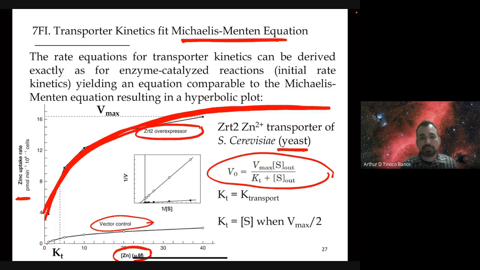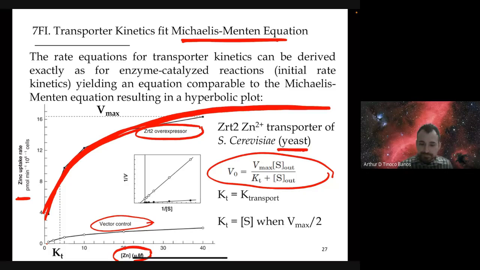So the saturation implies that you have maximized the amount that you can actually reach. The rate equations for transporter kinetics can be derived exactly as for enzyme catalyzed reactions. You typically will use what is known as initial rate kinetics, yielding an equation comparable to the Michaelis-Menten equation, resulting in this hyperbolic plot or this saturation curve, right?